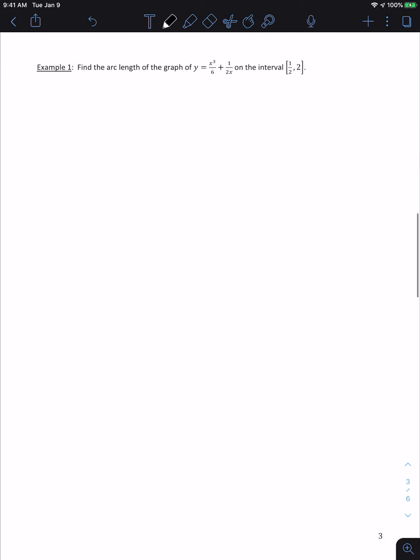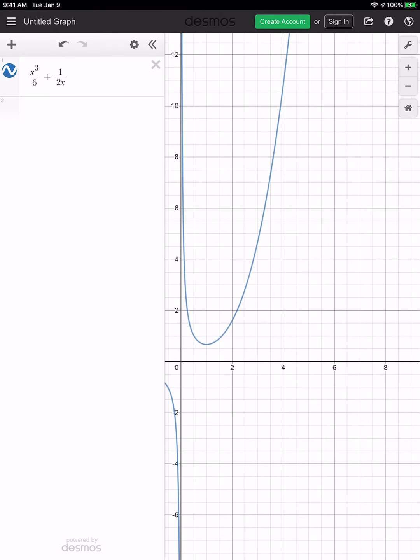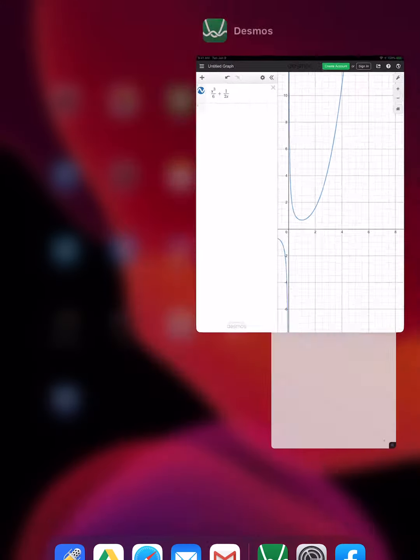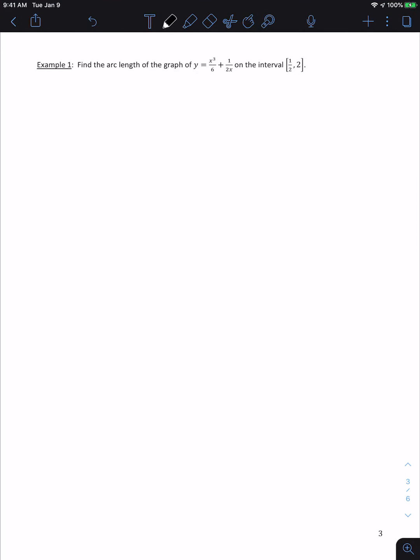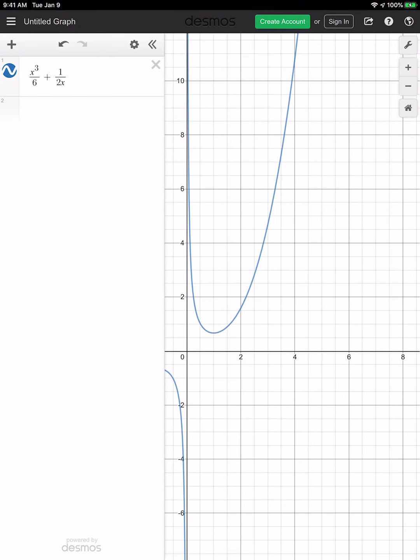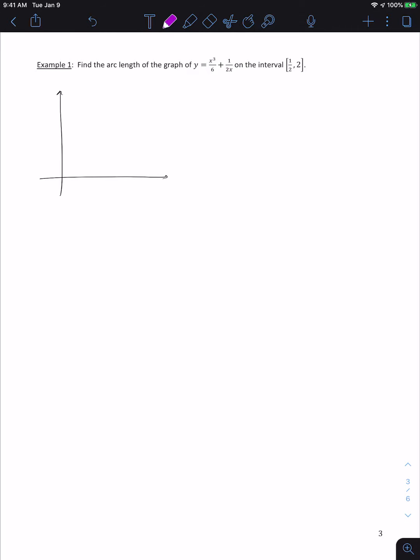So here's our example. Find the arc length of the graph of y equals x cubed over 6 plus 2 over x on the interval from 1/2 to 2. We could graph this, and this would be our graph, and we are interested in the graph from 1/2 to 2. So if I were to draw this, it would look something like this.